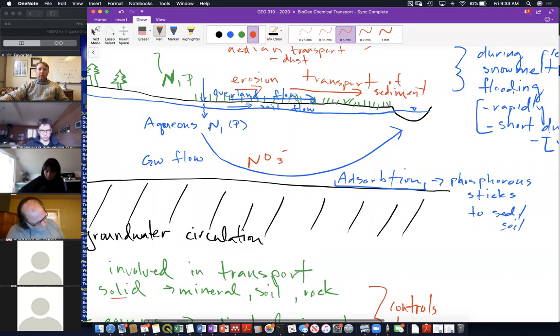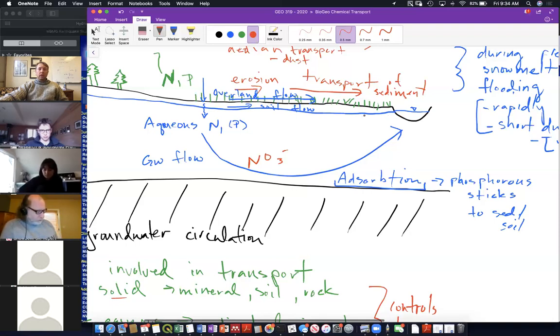But we're still continuing to see quite a bit of eutrophication. One of the reasons for that is that we've loaded the groundwater system up with nitrate, and we will continue to see that nitrate contamination for a long time.